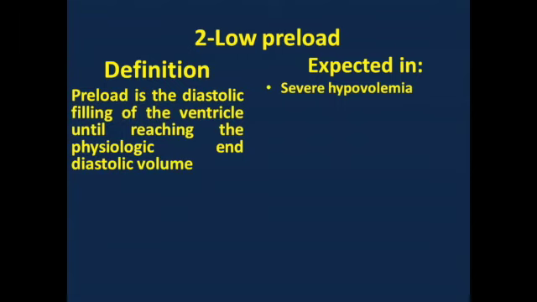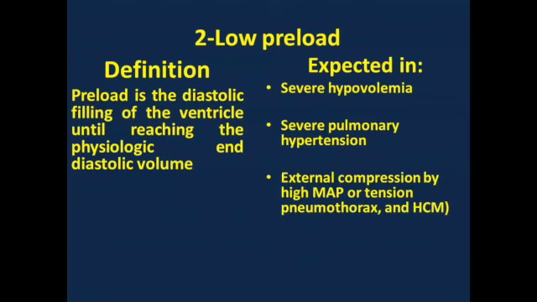Low preload is expected in severe hypovolemia and severe pulmonary hypertension. Why? As we mentioned before, if they have high right atrial pressure, then the right atrial pressure might be even higher than the systemic venous filling pressure. Then the venous return will stop or will be very minimal.